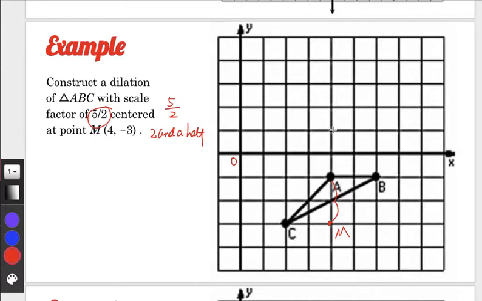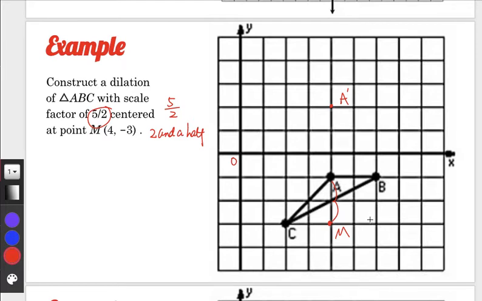Some students already figure out that if I move 2 spaces as one move, then half a move is 1 more. So 2 steps, 2 steps, and 1 step. That's the first move, that's the second move, that's the half move. So that's why this is our A prime.